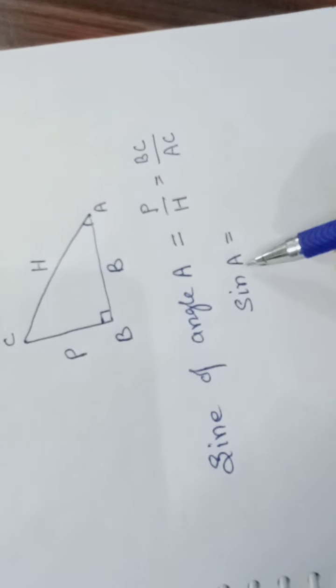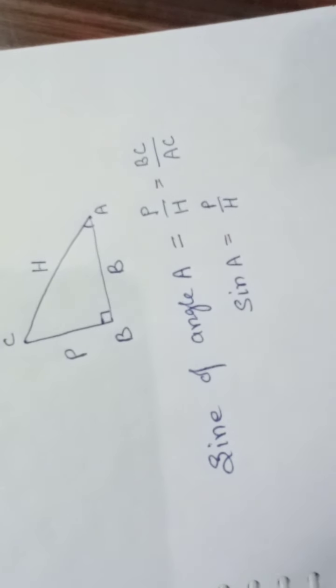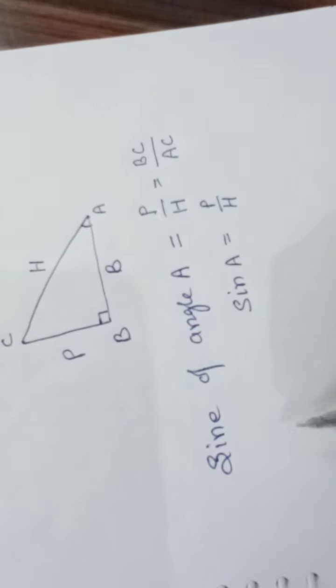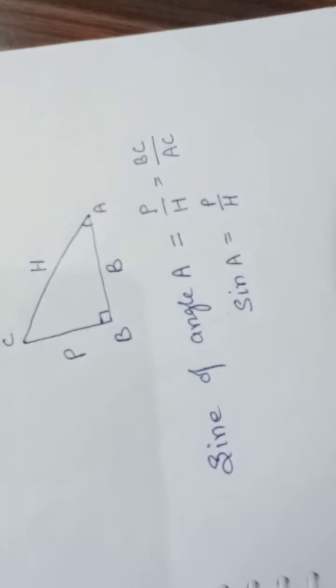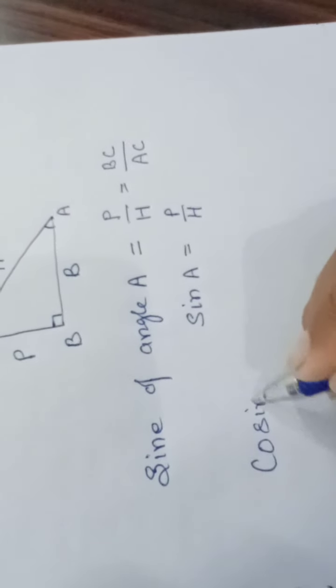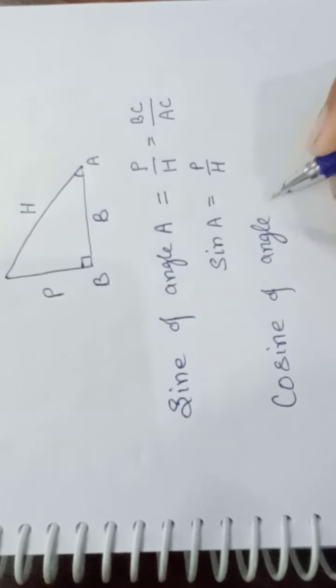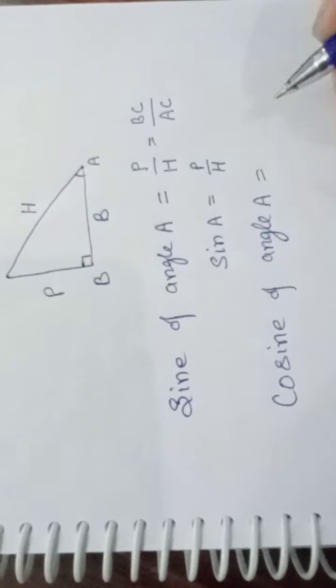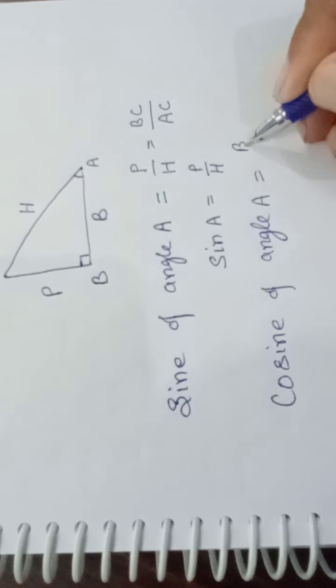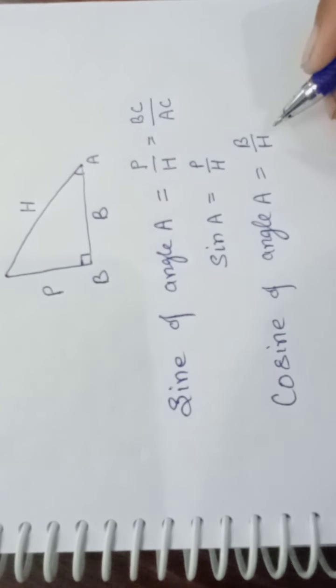It should be in your mind that the full name of this thing is sine of angle A. It is P by H, right? Next ratio is cosine of angle A. It is B by H. इस रेशियो का नाम cosine of angle A है.